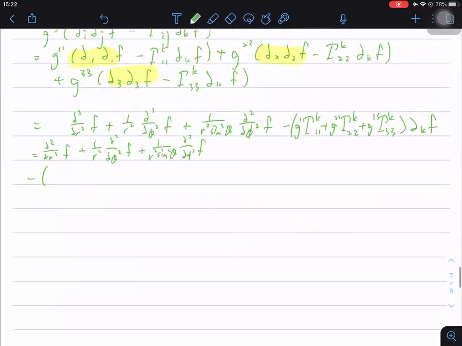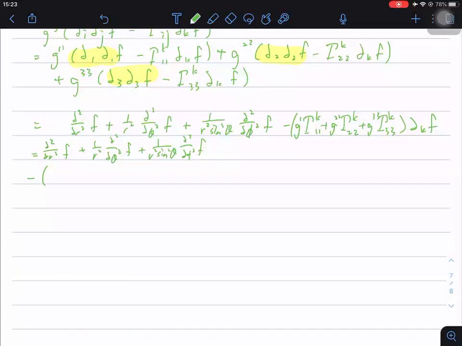in the next line. So for case 1, we have G11. Okay, let me write down all the things to avoid confusions. Two, 2, and 3, 3 here.